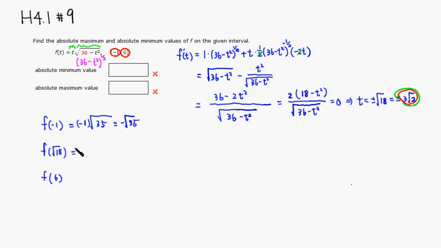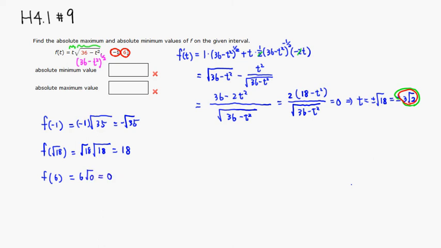If you put in square root of 18, it's the square root of 18 times the square root of 36 minus square root of 18 squared, which is the square root of 18, so this is actually 18. How about 6? 6 times the square root of 36 minus 6 squared, which is the square root of 0, which is 0.